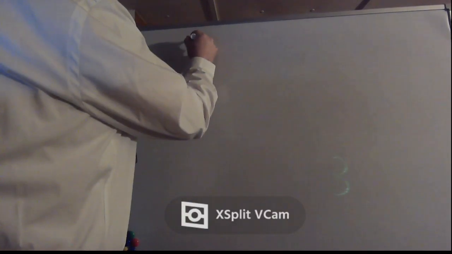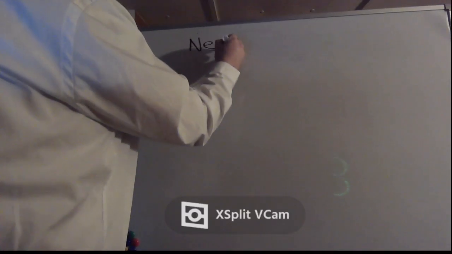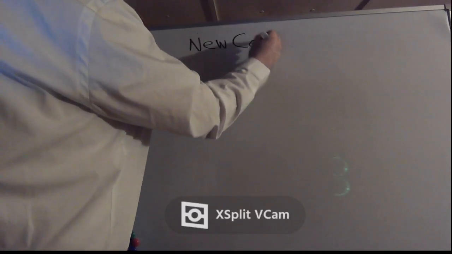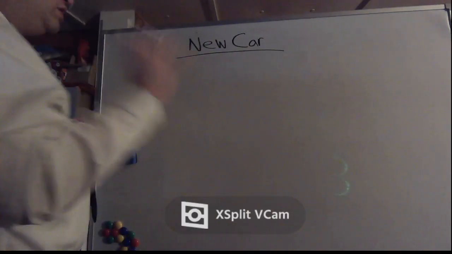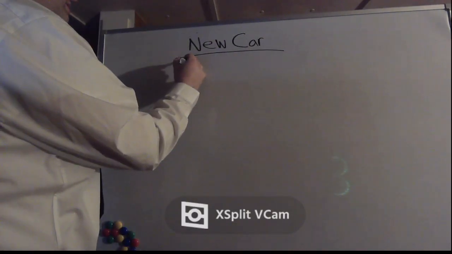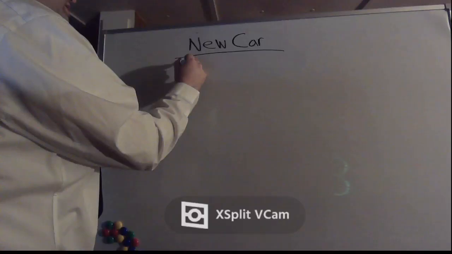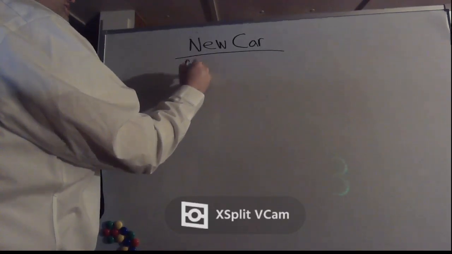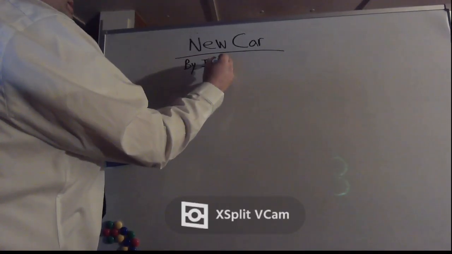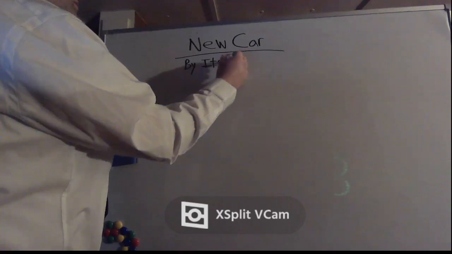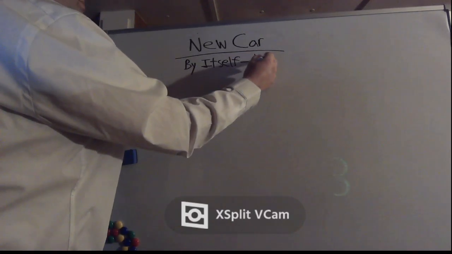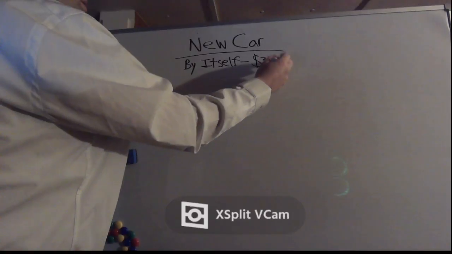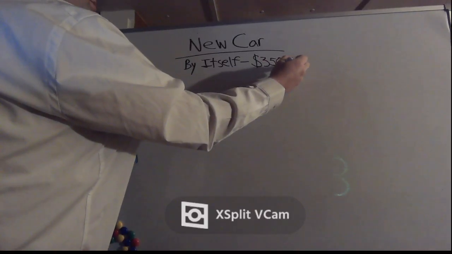So, let's say I want a new car. I'd like to get a new car. Right? The car itself, let's see. By itself, I'm going to be generous and say $350 a month.